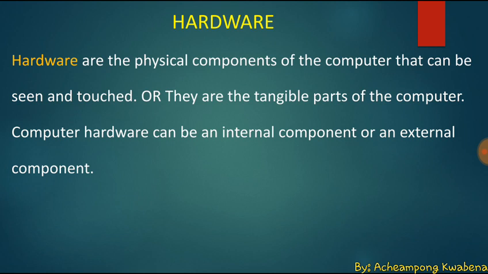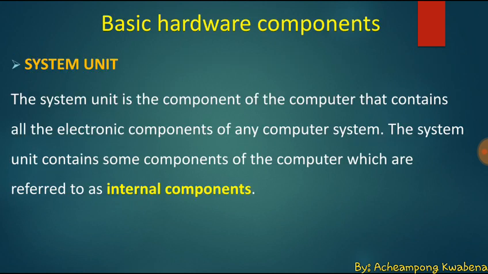Now let's look at some basic examples of computer hardware. First, we'll look at the system unit. The system unit is the component of the computer that contains all the electronic components of any computer system. It contains the components which are referred to as internal components.